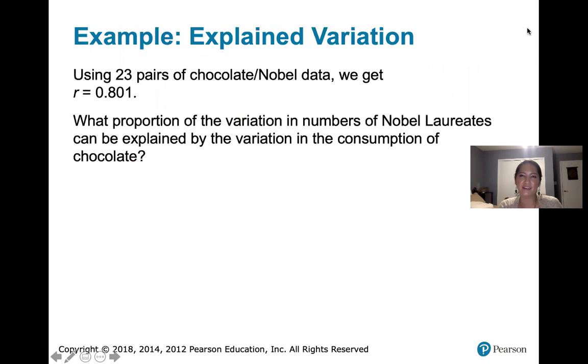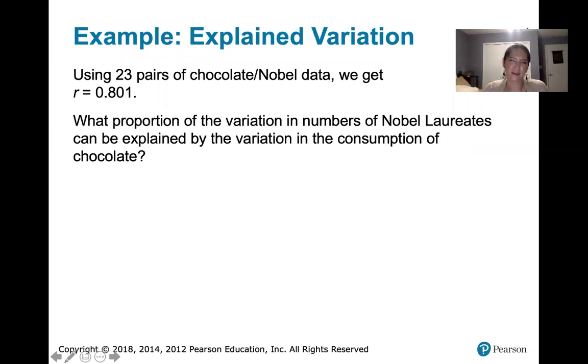So for example, we looked at 5 ordered pairs of Nobel chocolate data, but if we looked at 23 pairs of chocolate data and Nobel Prize winners, Nobel laureates, it turns out that the R value that you get for that is 0.801. The question says, what proportion of the variation in the numbers of Nobel laureates can be explained by the variation in the consumption of chocolate?